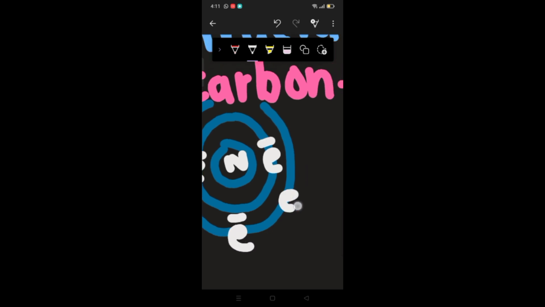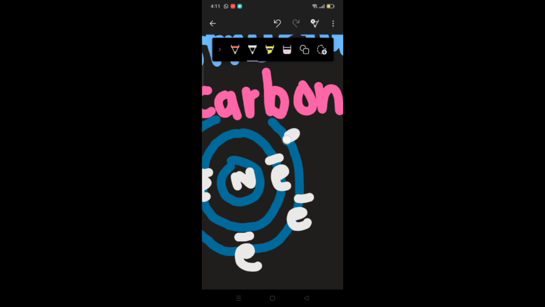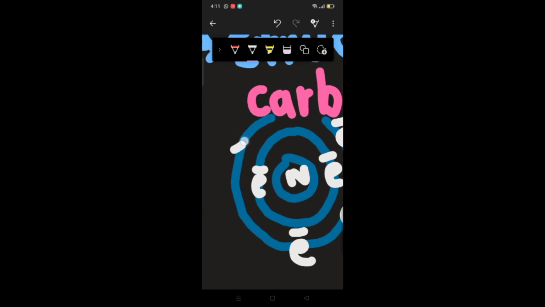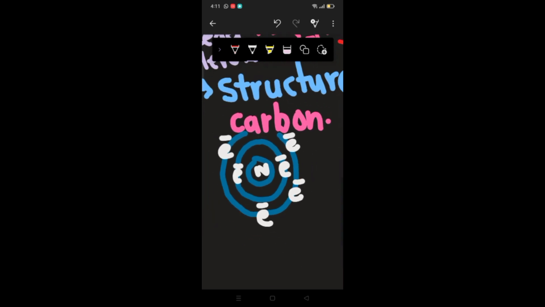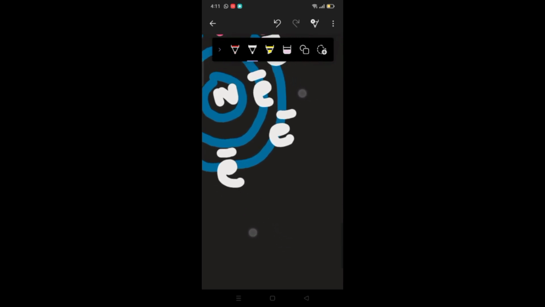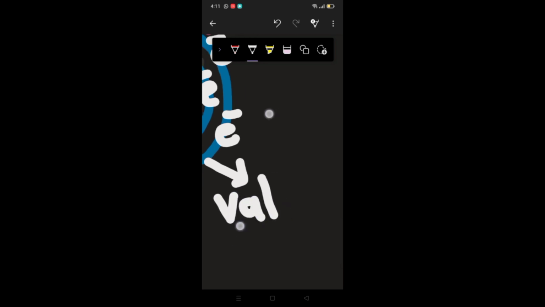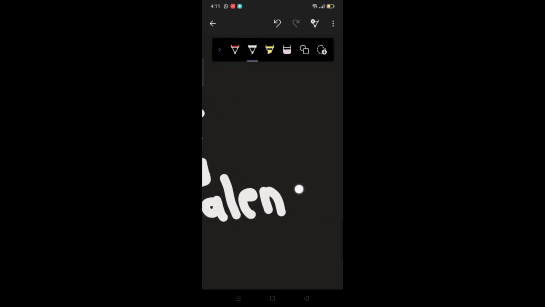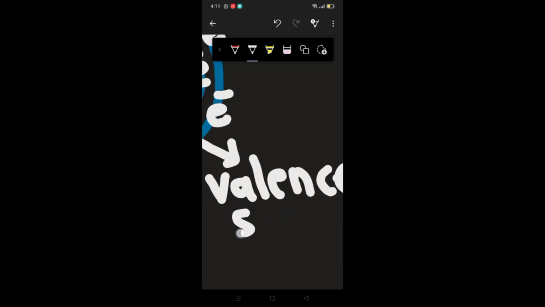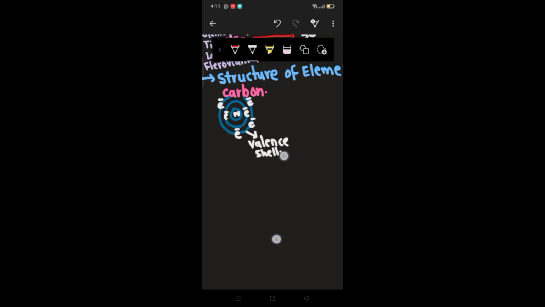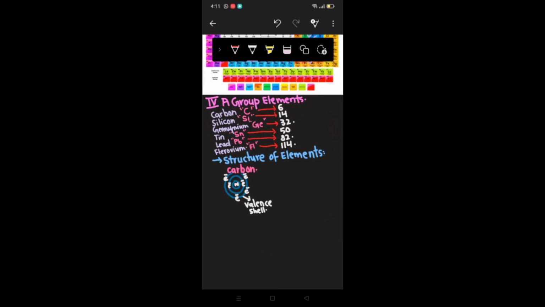1, 2, 3 and 4. Alright, so 4 are there in the outermost shell, and this outermost shell is known as what? Valence shell. And the electrons which are in the valence shell are known as valence electrons. So how many electrons do we have in carbon?